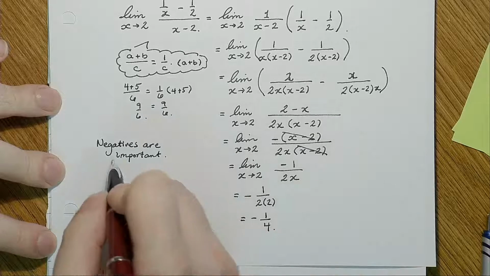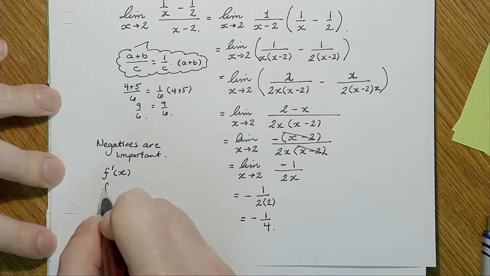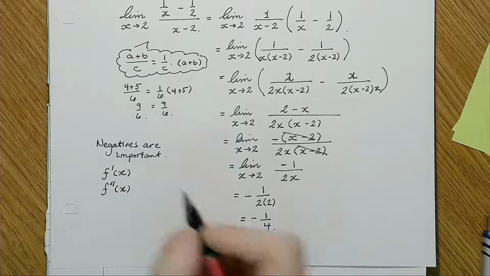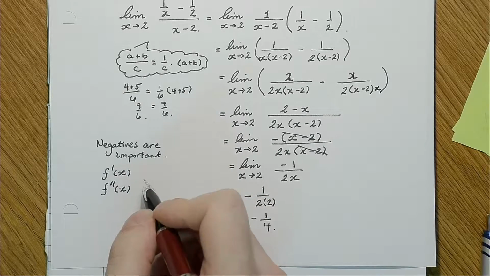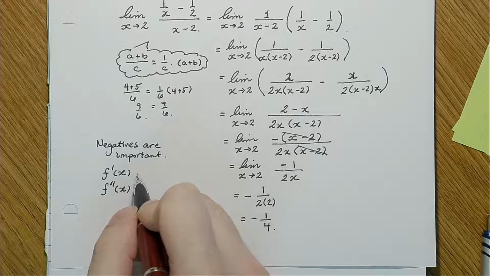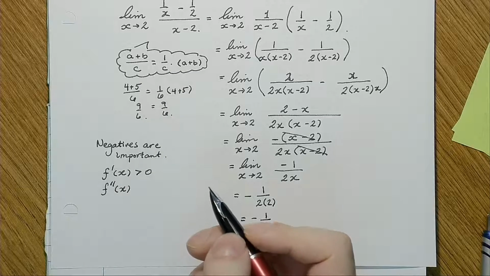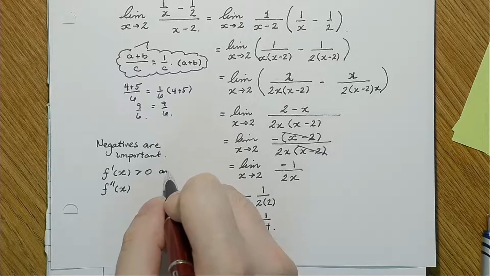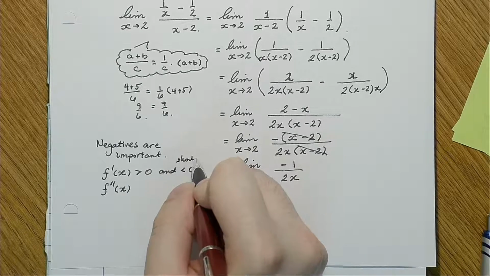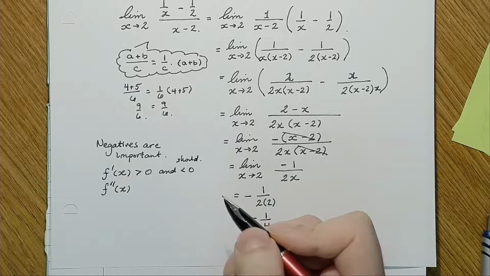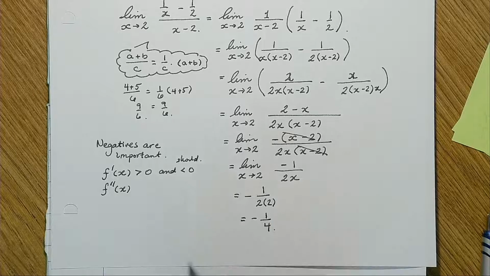Because if we're doing something with calculus, and we were looking at, say, the first derivative, or the second derivative, if one is negative and it should have been positive, we're going to get the wrong interpretation. So if this was positive and it should have been actually negative, you will start to misinterpret something. Like you might think that you found a maximum, but really you found a minimum, and vice versa.